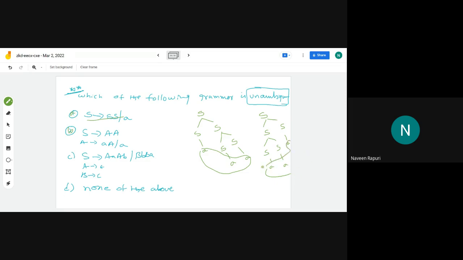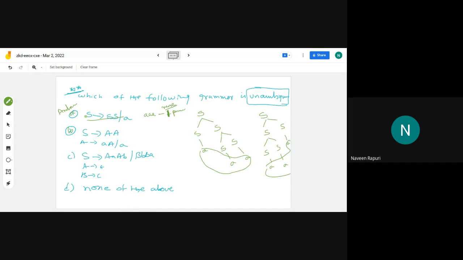So for the single string AAA, it is producing more than one parse tree, and that is called ambiguous grammar. So this is ambiguous grammar.